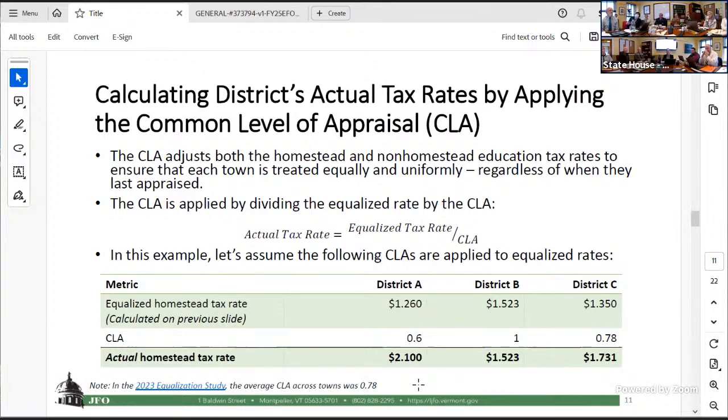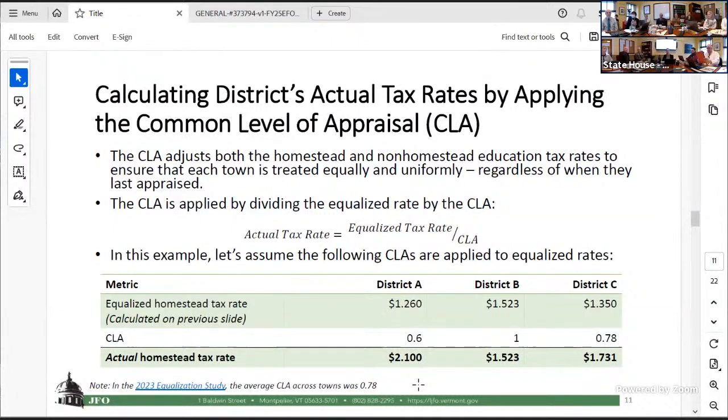Well, and so just to try to be as explicit as possible, I'm hearing from folks, look how great our equalized homestead tax rate was, and now this actual homestead tax rate is so much different. I think embedded in that is an assumption that if we just didn't have that pesky CLA, people could have that much lower equalized homestead tax rate.